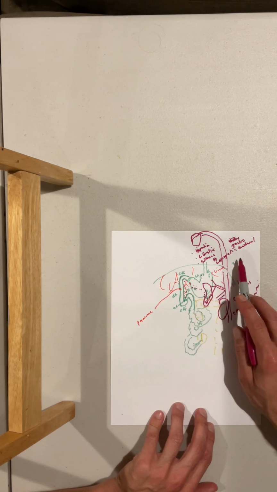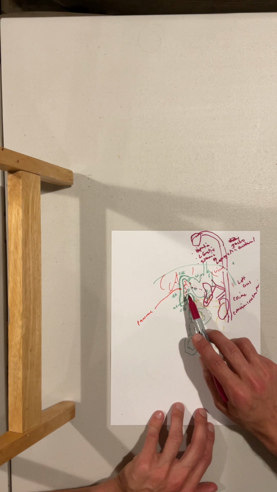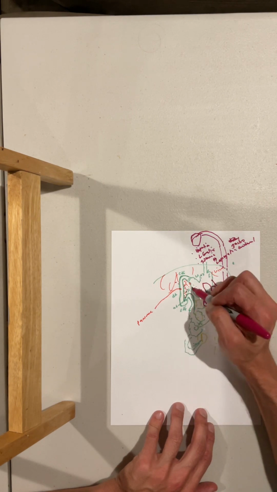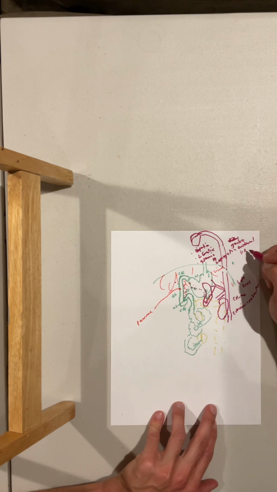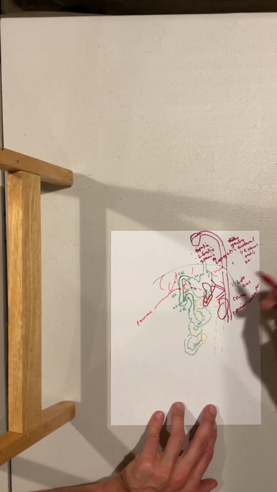It's first going to send off some arteries to the now right side, right? So then we go to right side of stomach, which is going to be the right gastric and the right gastroepiploic. Right?